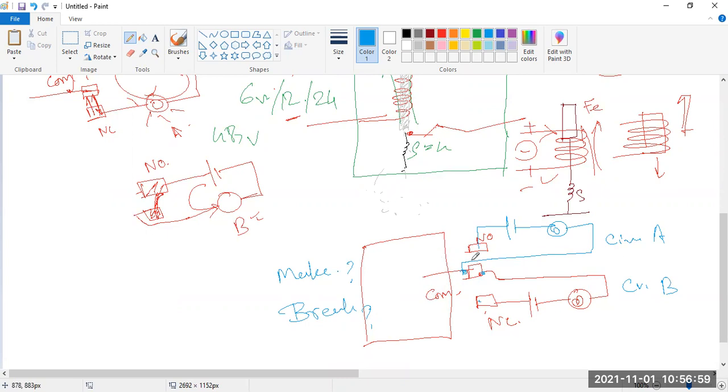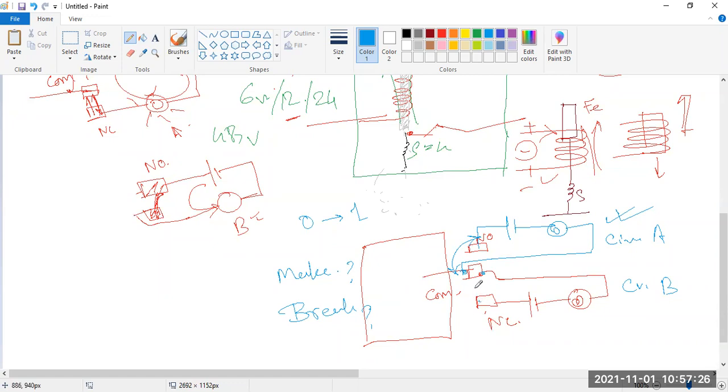Look, when the relay is make, it means in the previous state it was open and in the present state it is closed. So make means the previous state goes from 0 to 1. Okay, 0 to 1 means it is communicated. So then only circuit A will glow, and it was already an open circuit. And in the break case, NC is normally closed.